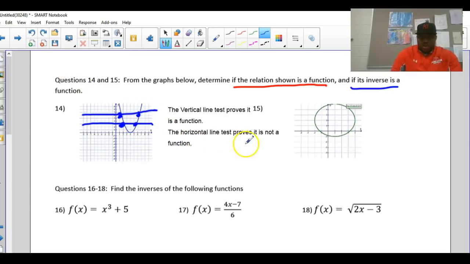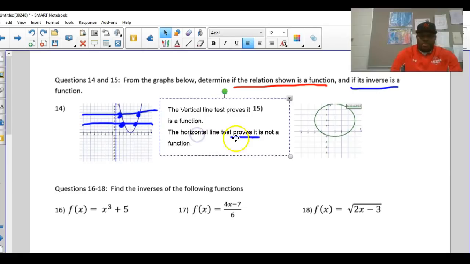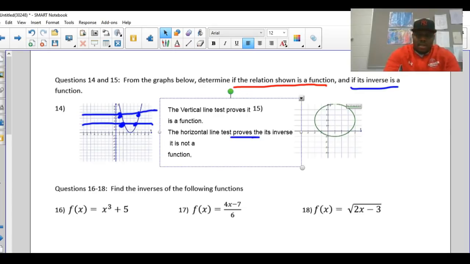So the inverse proves that. Oh, you know what? I need to add that in there. Let's do that. Proves its inverse is not a function. Okay, so its inverse is not a function, guys.